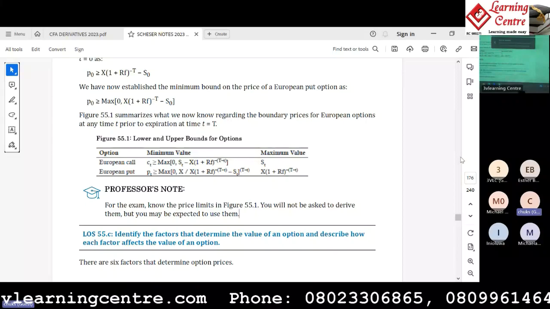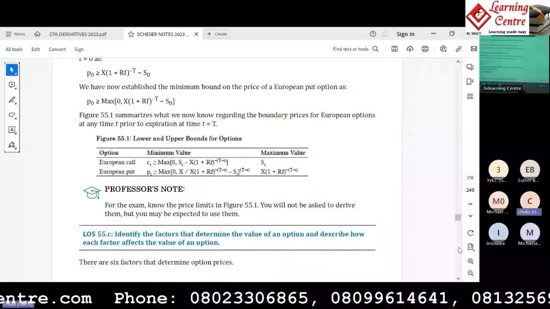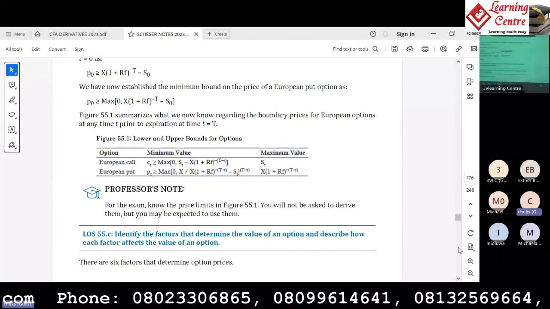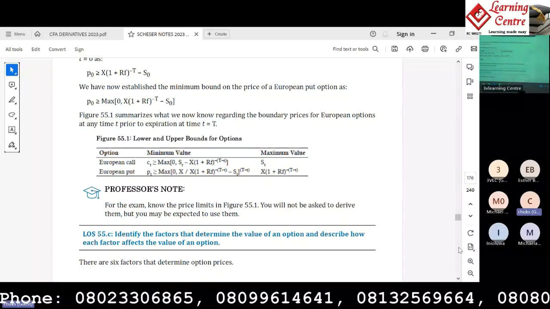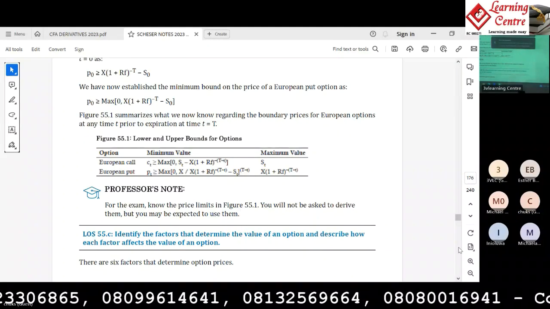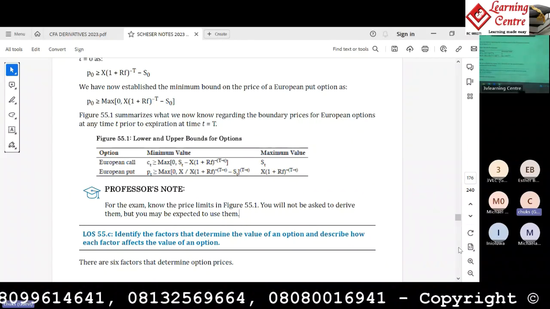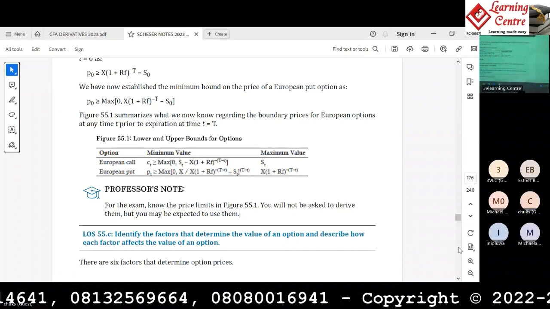So the general summary is basically this. There's a put and there's a call. The question is, what are the maximum and minimum benefits? The maximum is the main one that you need for the call and the put.